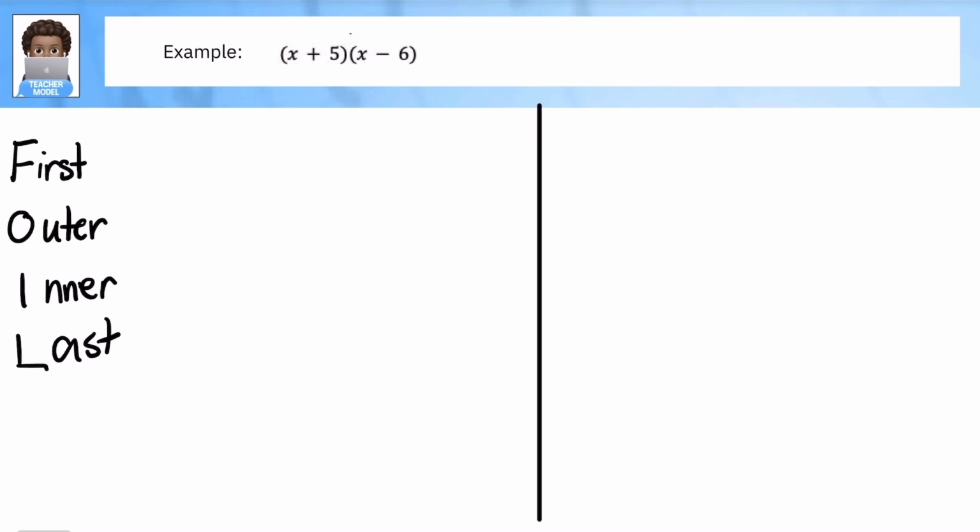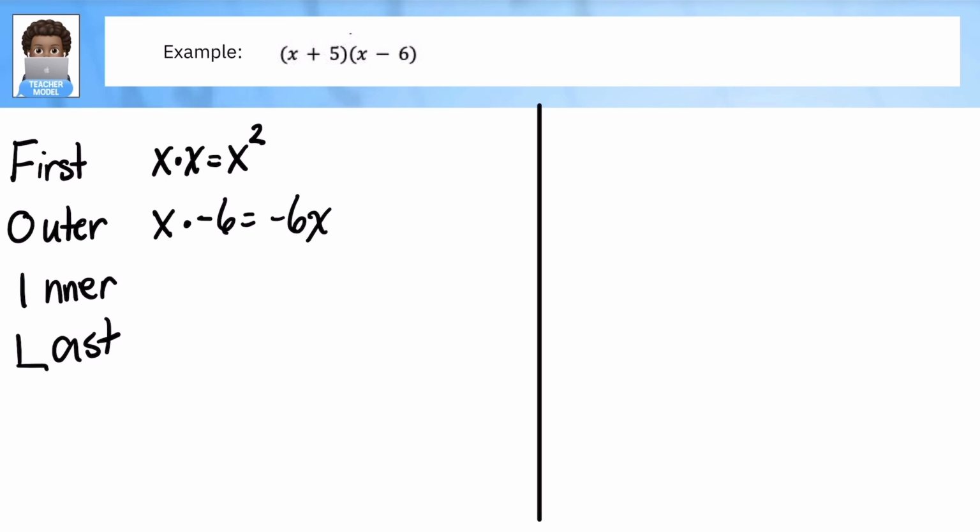So we just have x times x, which gives us x squared. All right, what are our outer terms? It just means which are the terms that are all the way on the outside. These are your outer terms. So in this case, I have x times -6, which just gives me -6x.